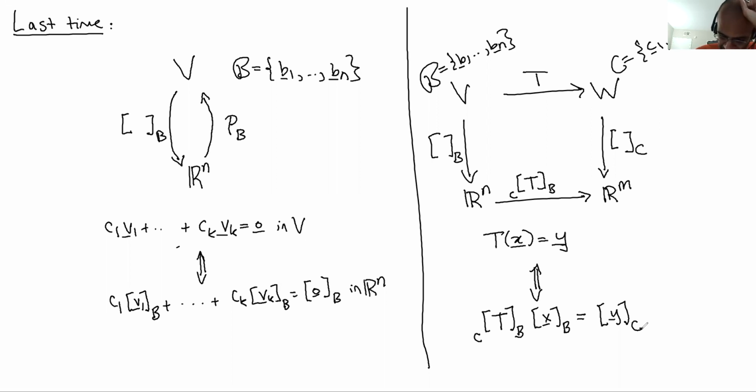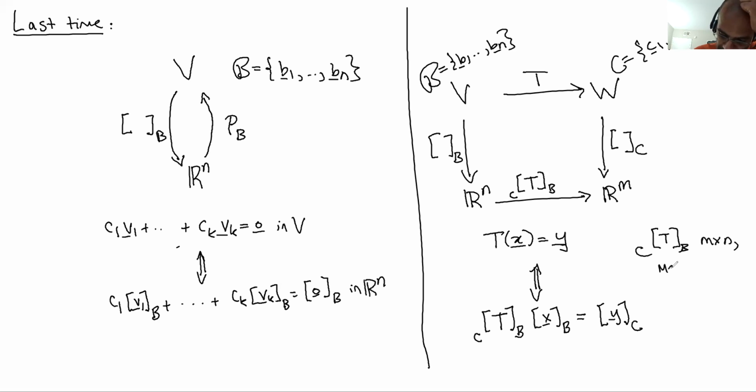So last time I gave an example of how to solve a problem about bases for the kernel and range of a linear transformation by applying this correspondence on the right-hand side and turning it into statements about the null space and column space of a matrix. So this is a matrix, right?